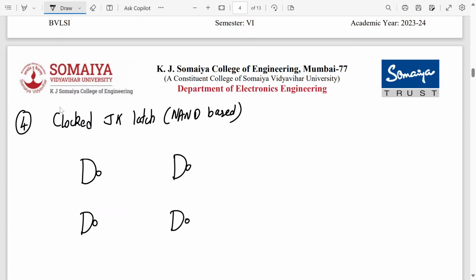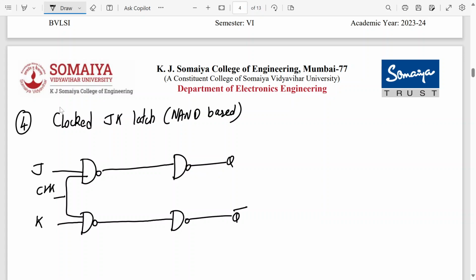So quickly draw the gate level. This will be J, this is K, common clock. One of the inputs goes to this output. This is Q, Q bar, and cross coupled output. Okay, and this third input is going over here.